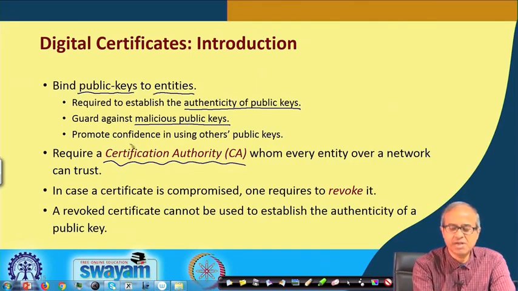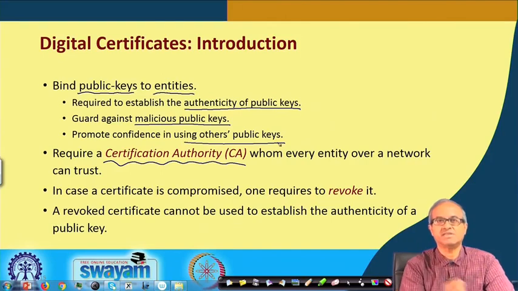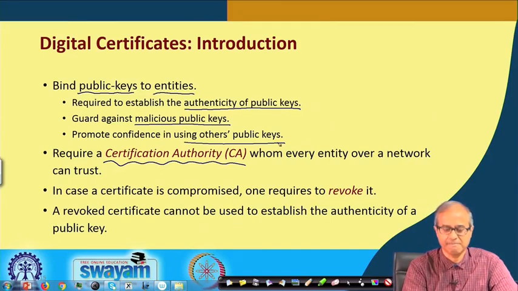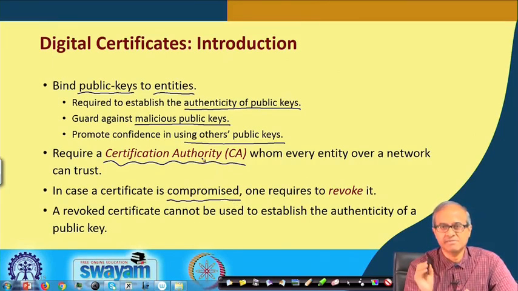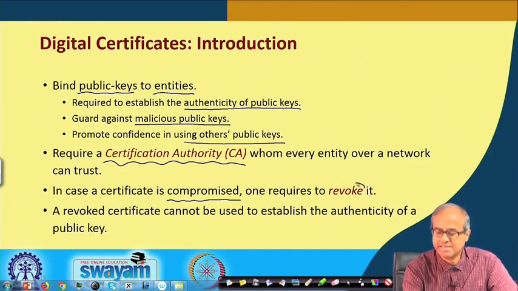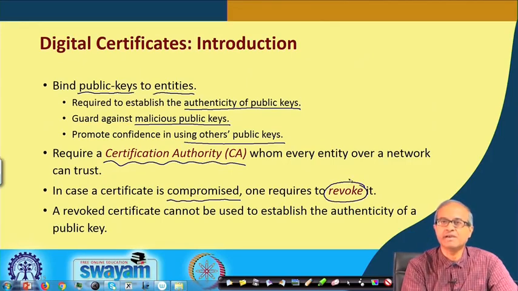So, in this way you can promote your confidence in using others' public key for actual message transmission, encryption, decryption, everything. Now, of course, there are instances where some certificate can be compromised, and if the certifying authority identifies that some certificate has been compromised, then there is a process of revoking the certificate.